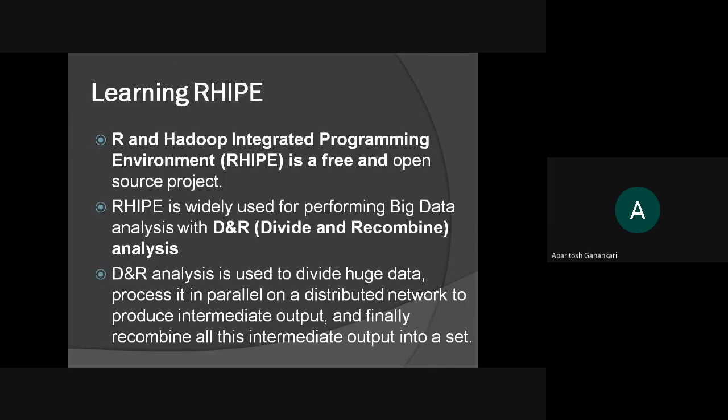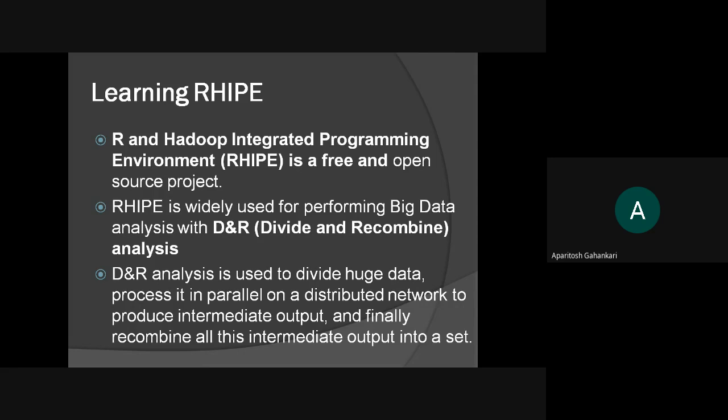Okay, then the next one is your RHIPE. So R and Hadoop Integrated Programming Environment, RHIPE. Okay, R is a programming language, and Hadoop integrated programming environment. It is again open source and freely available, and the source code is available. RHIPE is widely used for D and R, that is divide and recombine analysis. Okay, so that means a huge amount of data is getting divided, and then you are recombining that.